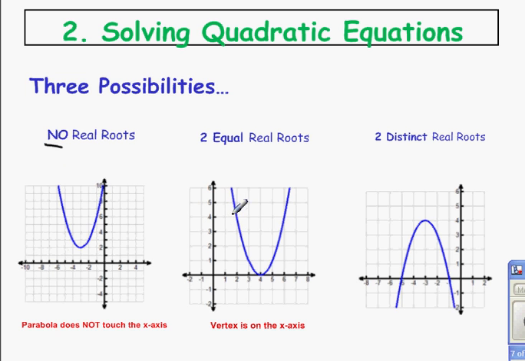The second thing that could happen is you could have only one answer, right? If the vertex is on the x-axis, it's only touching the x-axis once, so there's only one solution. You're only going to get one answer for x. The most common thing that can happen is getting two distinct real roots, so two solutions, which means you're going to have two answers. So you're going to have x equals and x equals when you solve.